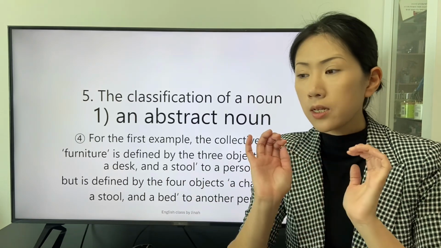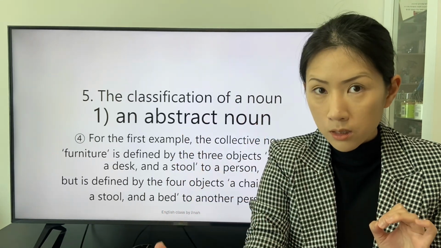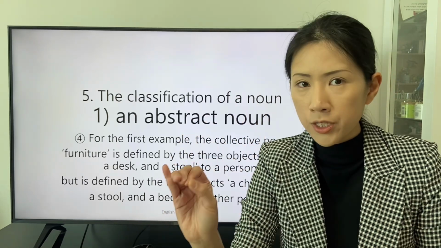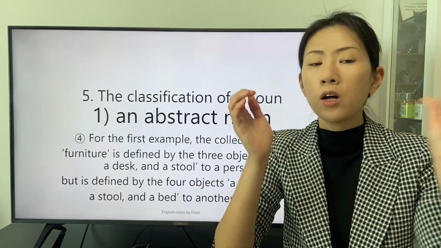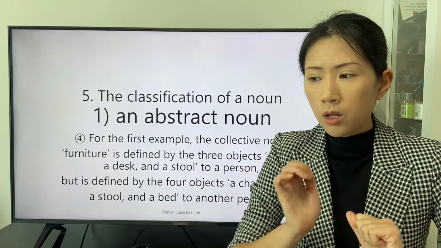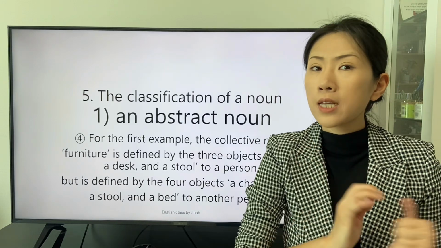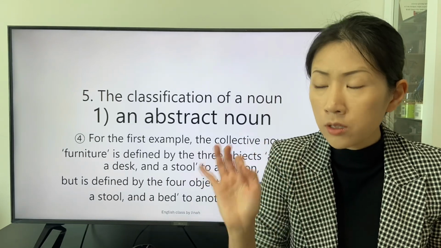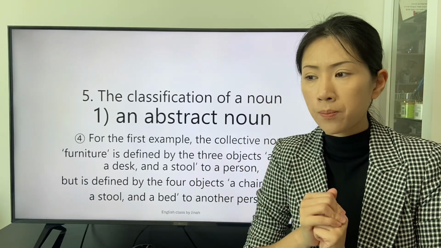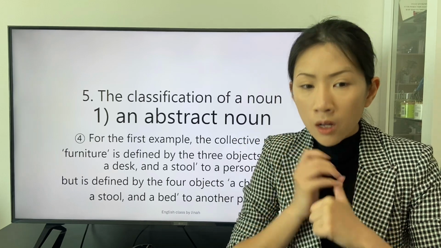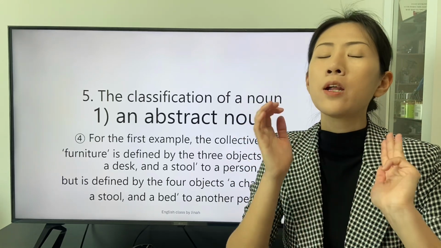A person can define the noun furniture with a chair, a desk, and a stool. The other person can define the noun furniture with a chair, a desk, a stool, and a bed.